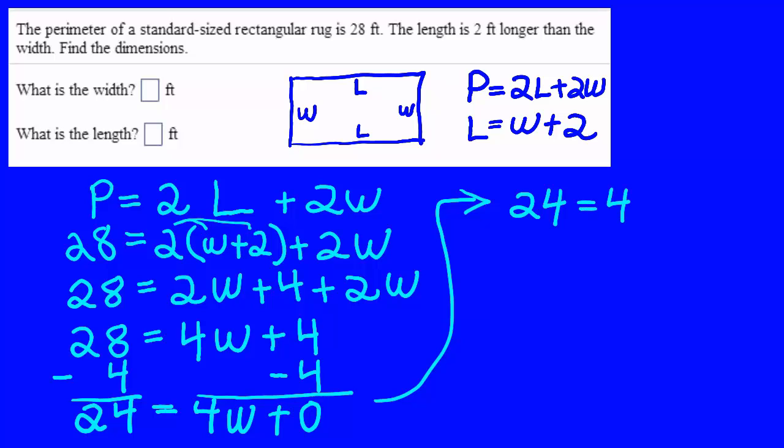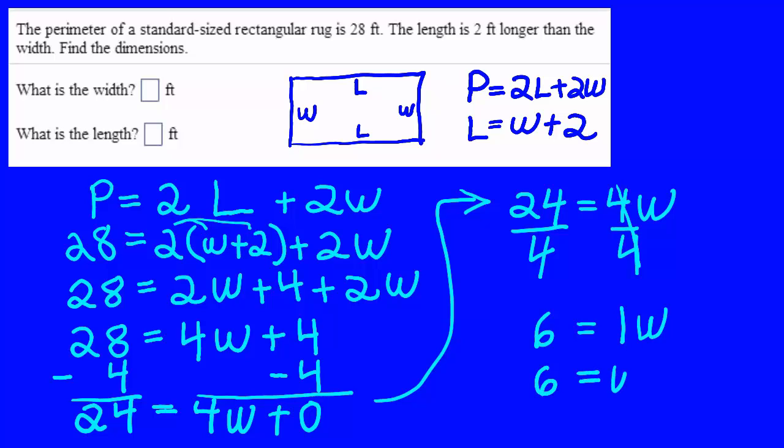This is where I divide by the coefficient of the variable. Divide by 4 and divide by 4. And so I discover that W, or 1W, equals 6. So W equals 6, or 6 equals W.